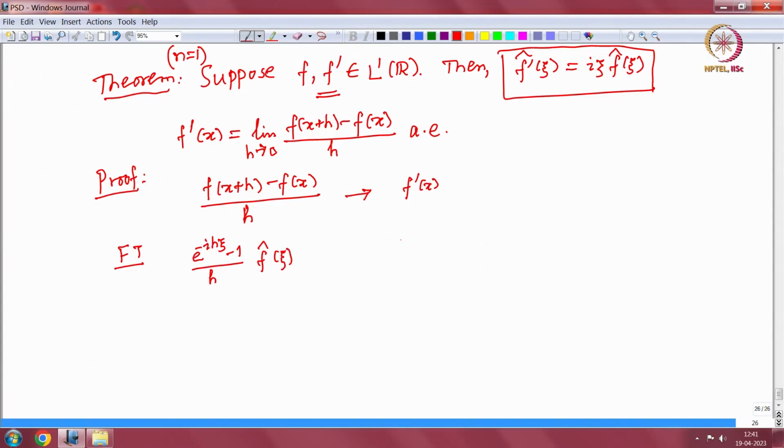And since we are assuming f prime is in L1, that gives me this. And as h tends to 0, what happens? This is minus or plus, just check this, this may be plus. So, this gives me I j as h tends to 0.